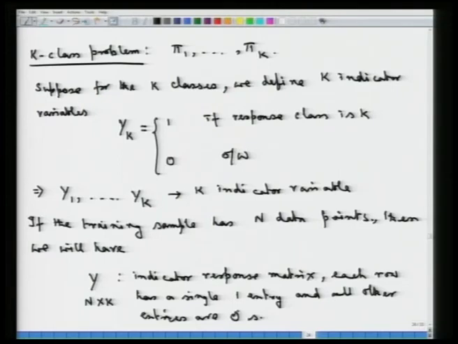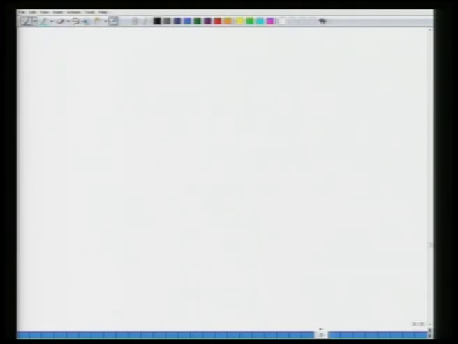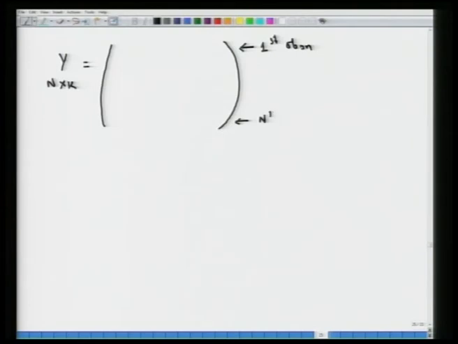Why is that so? Because we have defined yk, the kth indicator variable, to take the value 1 if the response is in class k and 0 otherwise. Let us look at this Y matrix, an n by k matrix. How is that going to look? This is the first observation in the training sample and this is the nth observation.